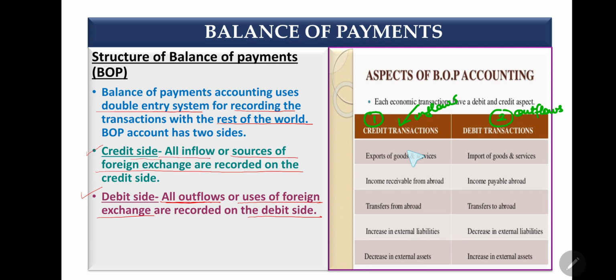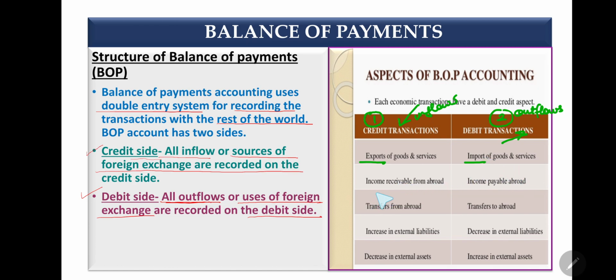Let us read these examples of transactions on the credit side. If we are exporting goods and services, you will get something in return, you will earn something in return, so it will be recorded in the credit side. If we are importing goods and services, you have to pay something in return, so something will be getting out of our pockets, so it will be recorded in the debit side.